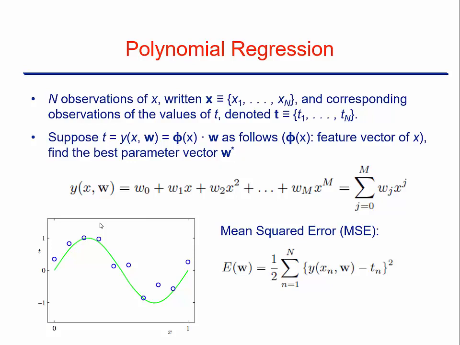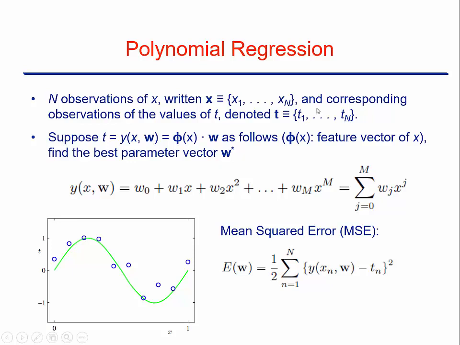Now first, a recap of linear regression and extend the linear regression to polynomial regression. So first, suppose we have n observations of a single variable x, which takes a scalar value. And for each x_i, we have a corresponding target value, t_i.